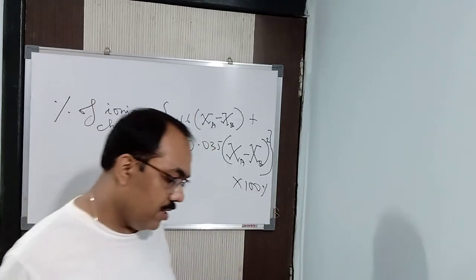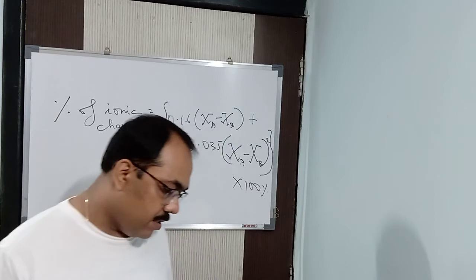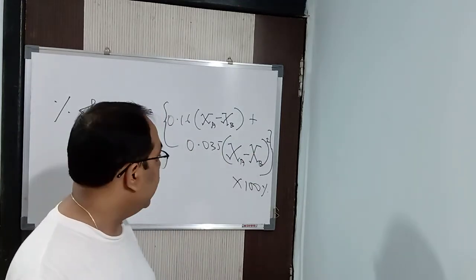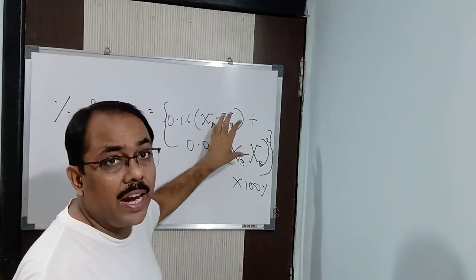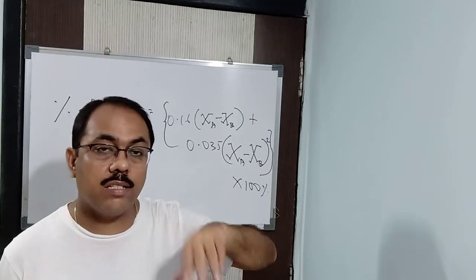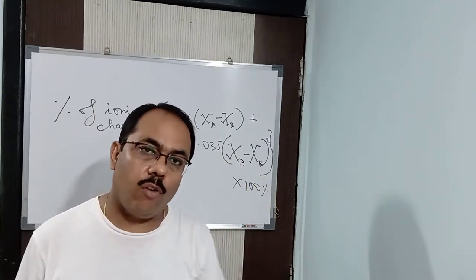So percentage of ionic character = [0.16(χA − χB) + 0.035(χA − χB)²] × 100%, where chi A is the electronegativity of an atom, let us say hydrogen, and chi B is the electronegativity of another atom, let us say fluorine.